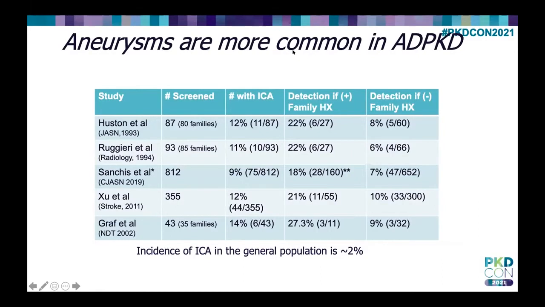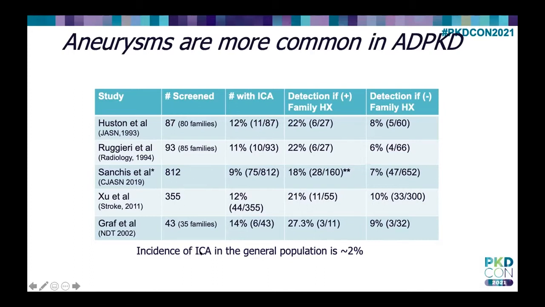It turns out that aneurysms are more common in autosomal dominant polycystic kidney disease in comparison with everyone else. I'm showing you a little bit of a busy slide, but in this slide, all of these different authors just screened everyone that they saw with polycystic kidney disease. I want you to focus on this column. When they screened all comers, this is the percentage of people who had intracranial aneurysms. It's somewhere on the order of 9 to 12%.